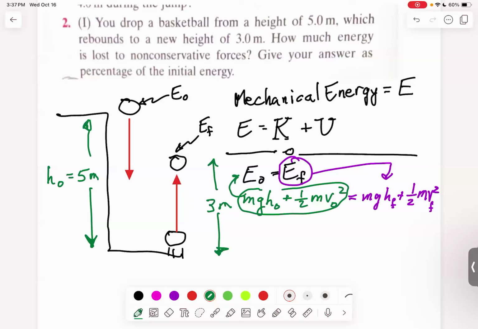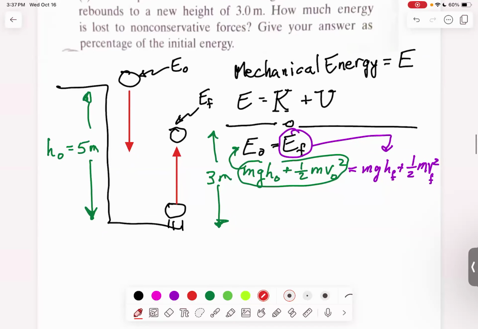Let's clean this up a little bit, because not all of these values are going to be necessary. Some of them are, some of them aren't. We also need to know what we're looking for. It says how much energy is lost to non-conservative forces.